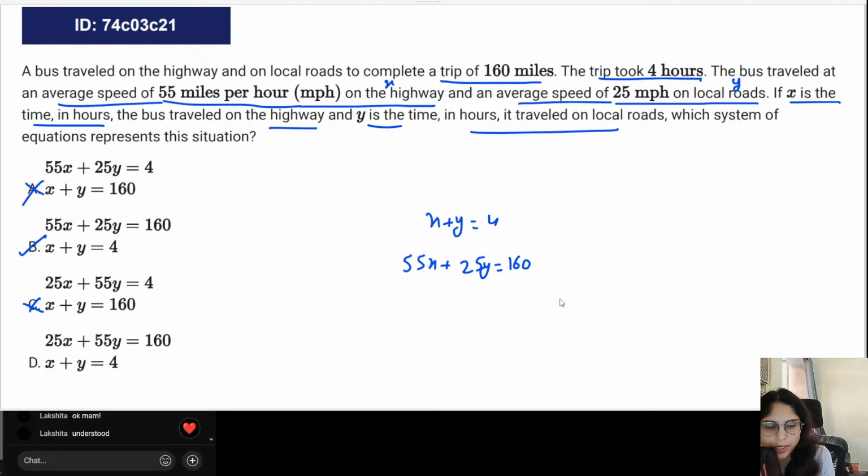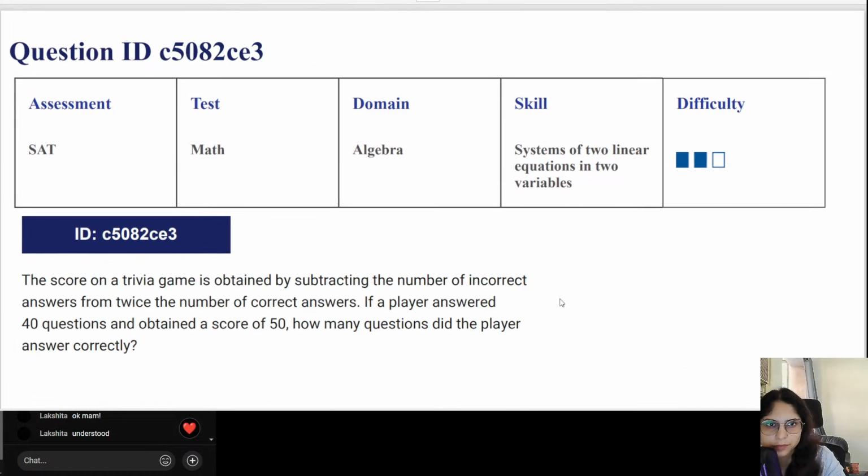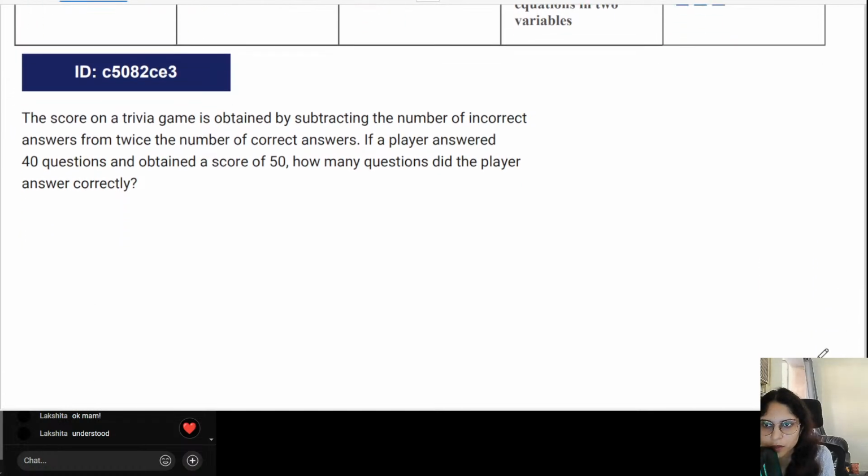Next is question number 29. The score on a trivia game is obtained by subtracting the number of incorrect answers from twice the number of correct answers.